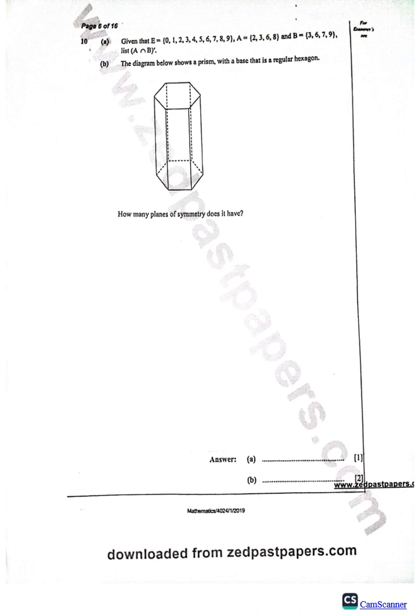So let's first find A intersection B. Let's look at what is common in A and B. So 2 is not common, 3 is common. Then 6 is common. So the common elements in A and B are 3, 6.